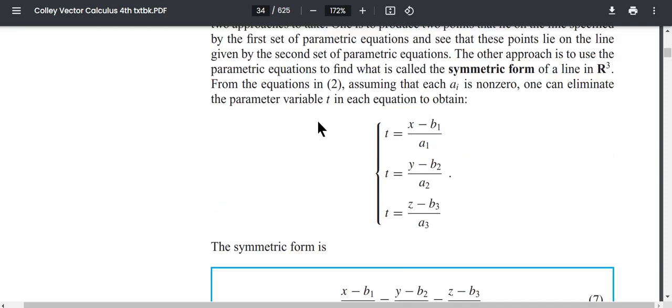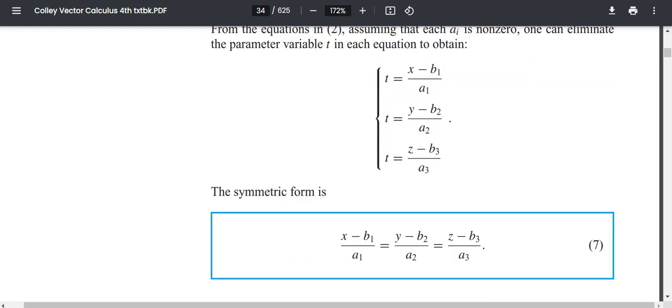And then you can set these all equal to each other because they're all equal to t. So we eliminate t. We sort of lost the direction then, right? Because t was the thing that gave us the direction of the curve. But that's not what we're trying to do here. We're just trying to express a general form for the straight line involved.